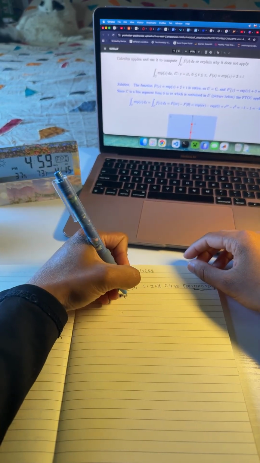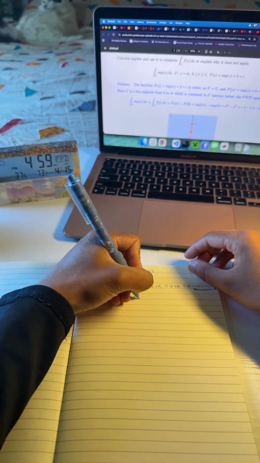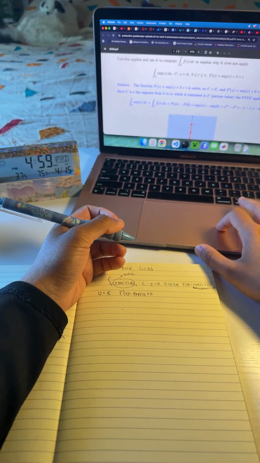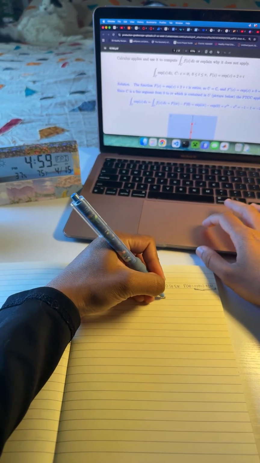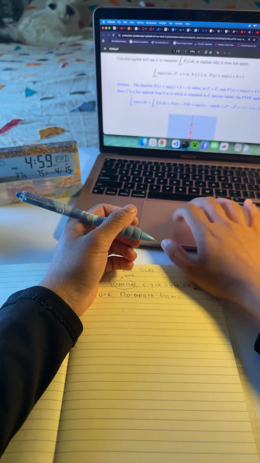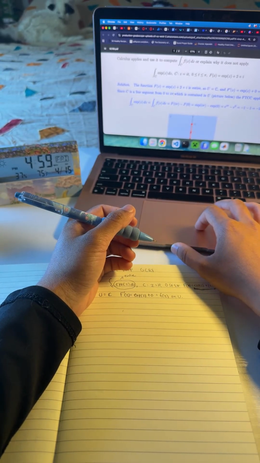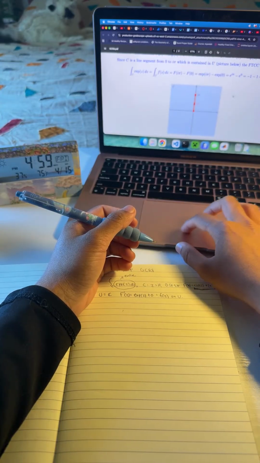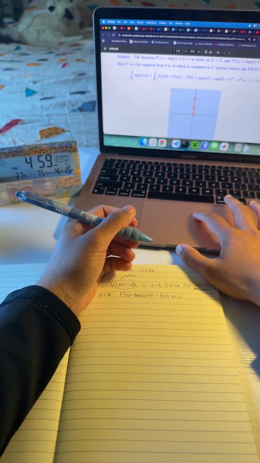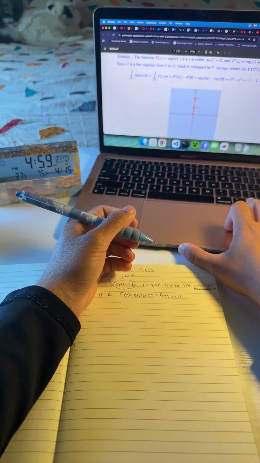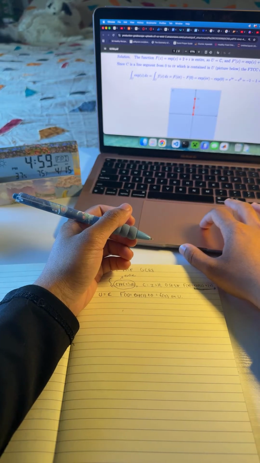So we know that F prime z is equal to e to the z plus 0, which is equal to f of z on U. So since the C is a line segment from 0 to i pi, which is contained in U, picture below, the FTCC, fundamental theorem of complex calculus, applies.